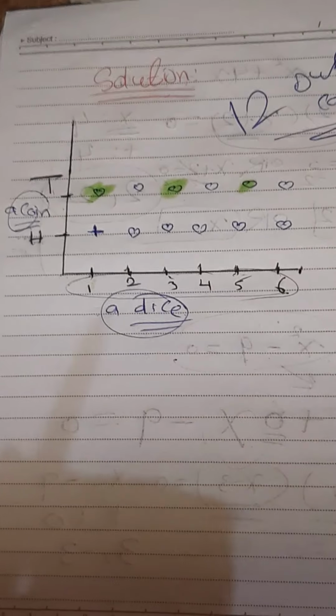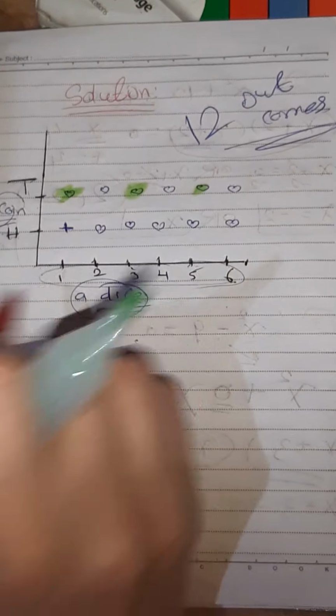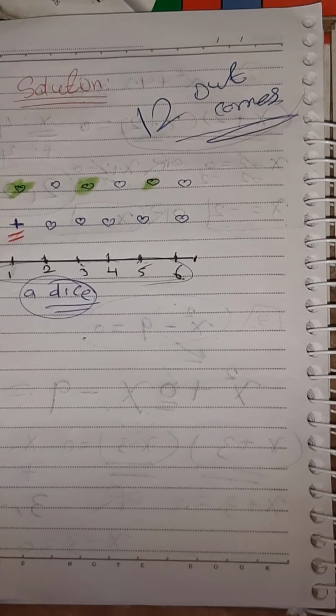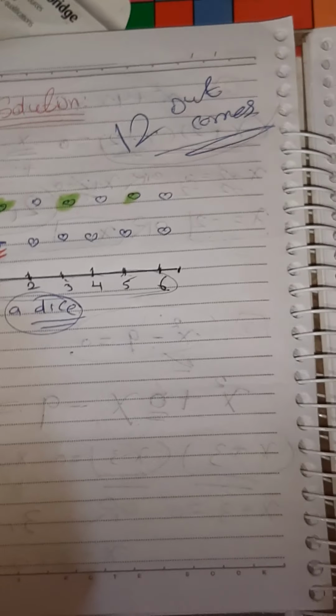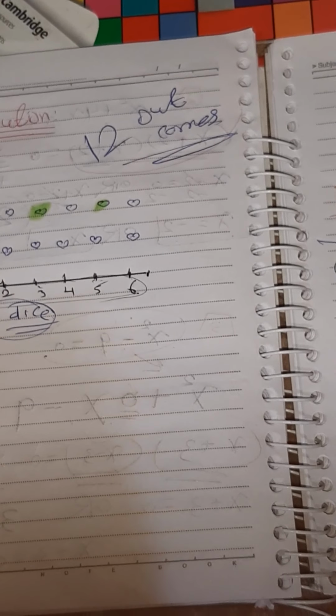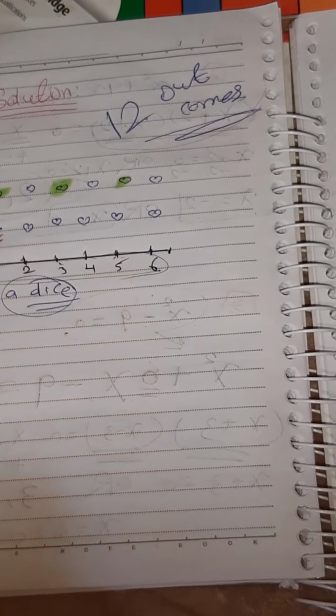Now look at an odd number for each outcome. The question is asking you about just an odd number. The question did not decide head or tail. You have to take both of them, head and tail. Just look at the odd numbers.